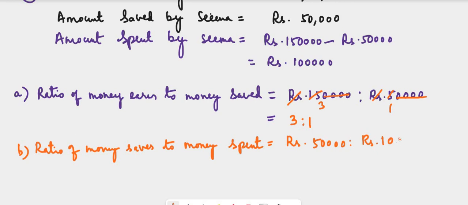How much money spent? 1 lakh. In both, rupees will cancel. 4 zeros and 4 zeros cancel, and 5 and 10 gives 1:2. This is the B part. Ratio of money saved to money spent by Seema is equal to 1:2.